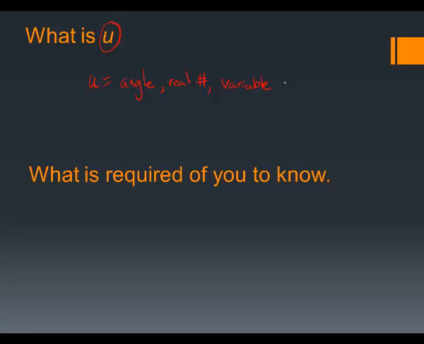And it could be a constant as well, such as pi. There are a few other things, which I guess would fall under real numbers, but there are a few other things that U can be. So we're going to leave U as this. We're not going to use theta or anything of that sort. We are going to leave it as U.